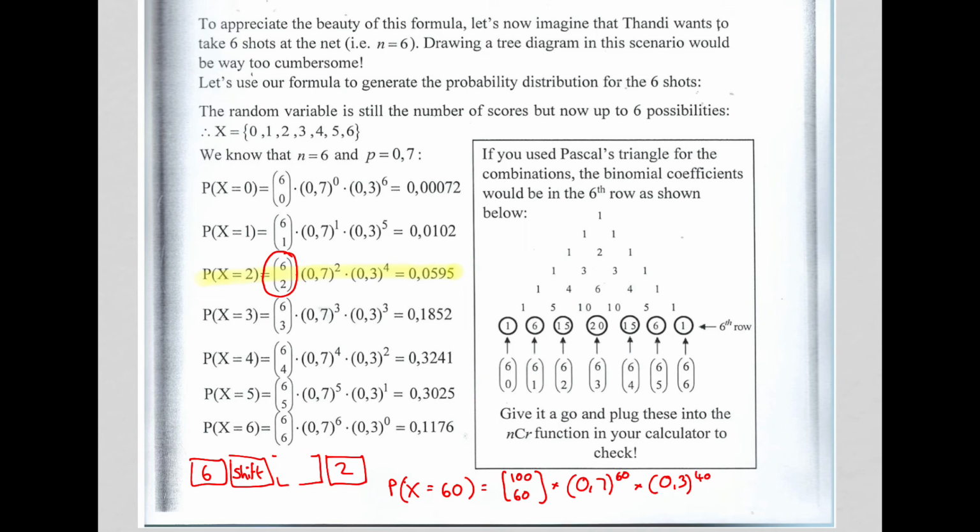Sorry, just check here. That should be nCr, not nPr. We're going to get to nPr. All right, C for choose. So this 100 choose 60 times 0,7 to the 60 times 0,3 to the 40 gives us 0,00849.